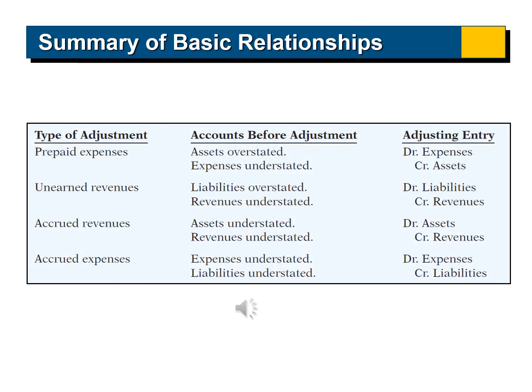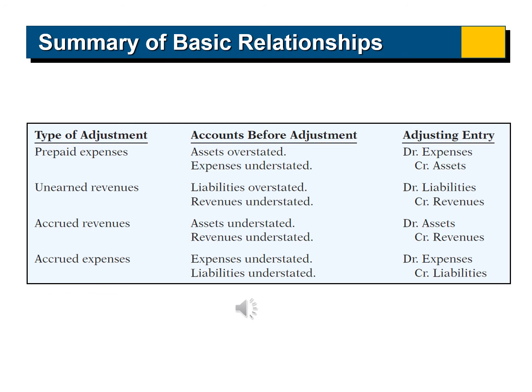Here we have the summary of the basic relationships among the different accounts for the accrued expenses. The first one, as you see, is prepaid expenses. Before the adjustment, the assets are overstated and the expenses are understated, and the adjusting entry adjusts both of those accounts by debiting expenses and by crediting assets.